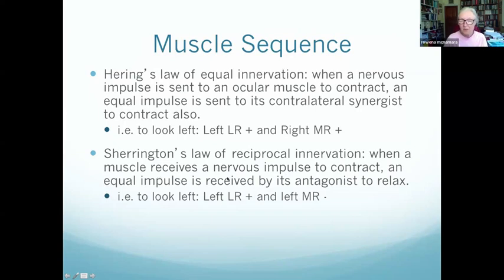So when one muscle receives a nervous impulse to contract, there's an equal impulse for its antagonist to relax. So in the above example, the left eye moving to the left, you would use the left lateral rectus muscle, and the opposing antagonist, the medial rectus, would have to switch off. It would have to relax. Otherwise, the eye would not be able to move.